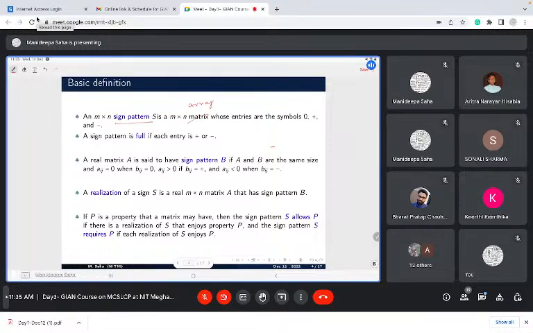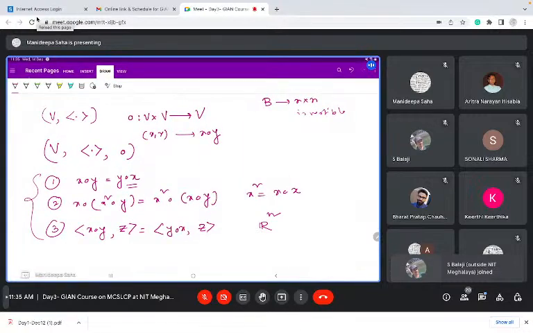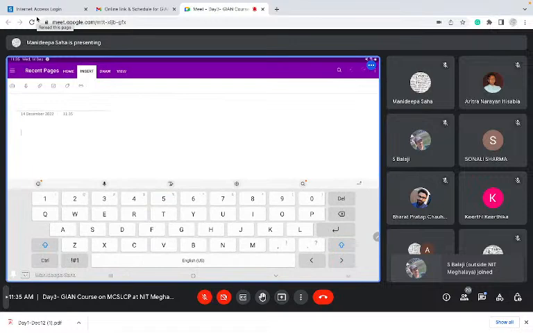Now if we are given a real matrix A, then we say that it has a sign pattern B if A and B are of the same size and Aij is equal to 0 when Bij is equal to 0, Aij is positive when Bij is plus, and Aij is negative when Bij is minus. So it's very simple.